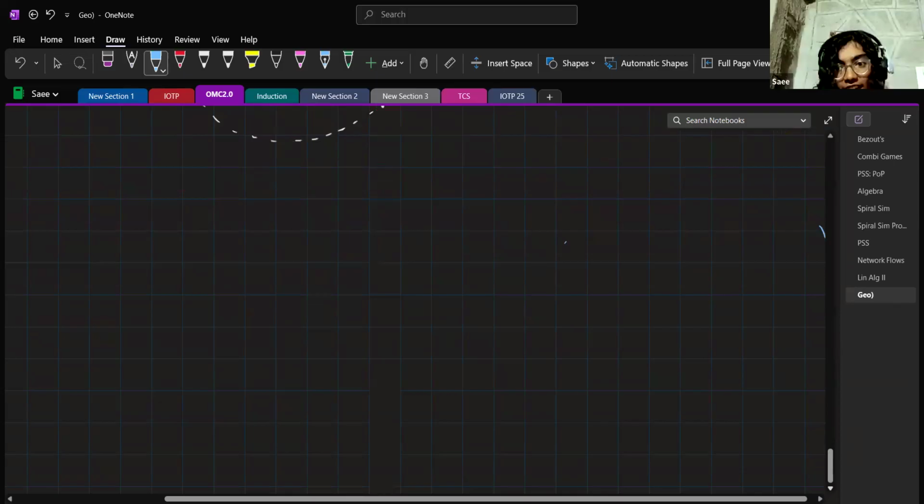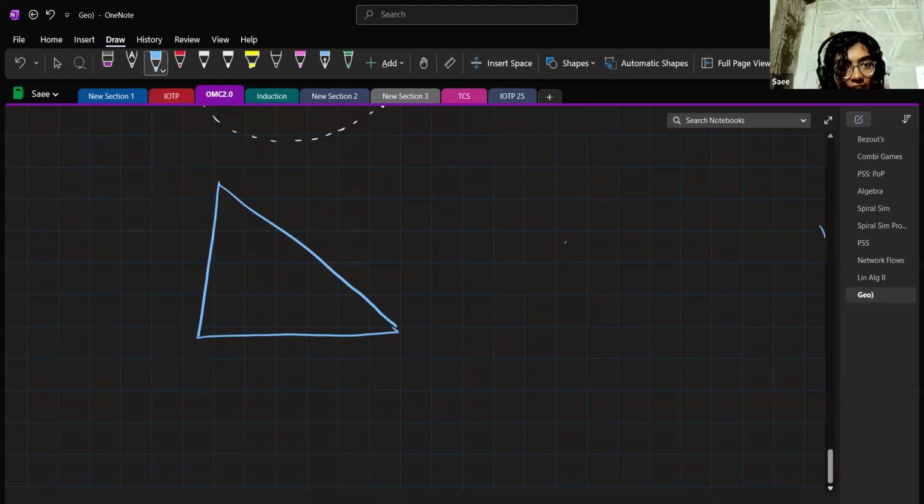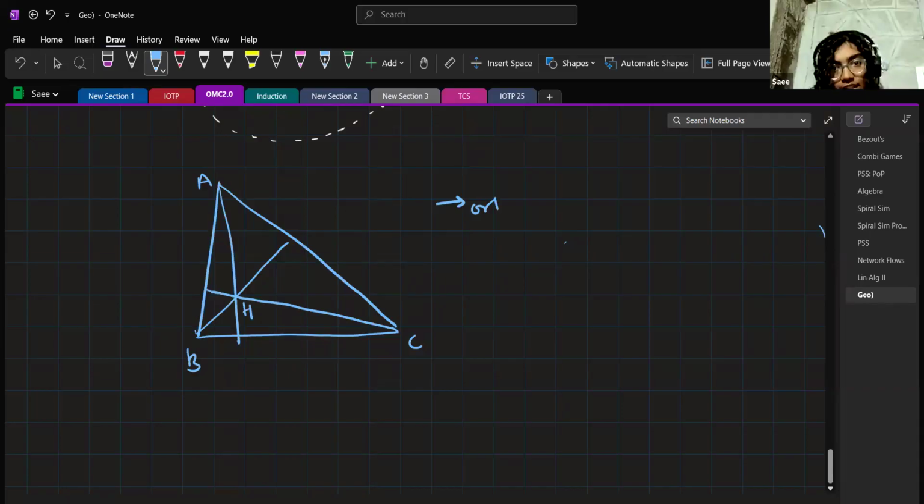Okay. Another side thing I wanted to mention is a cool fact about the orthocenter configuration once again. If you have triangle ABC with H as the orthocenter, can you tell me what the orthocenter of BHC is?